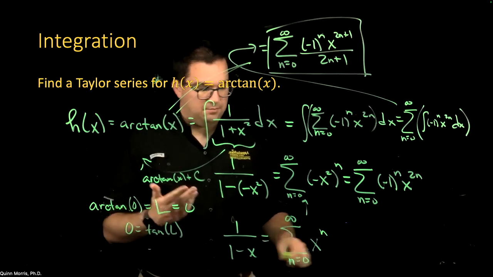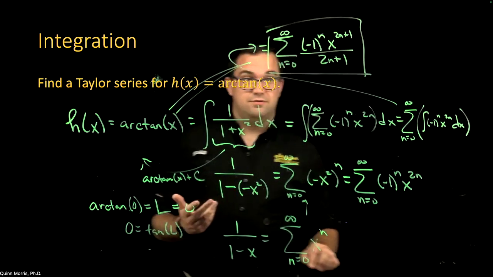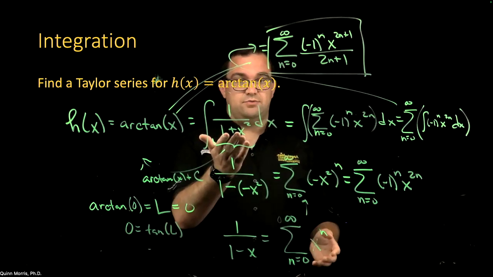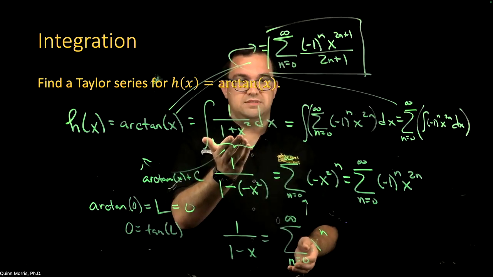Okay. Again, point being, we can use integration. We can take a Taylor series. In this case, we found a Taylor series for 1 over 1 plus x squared.